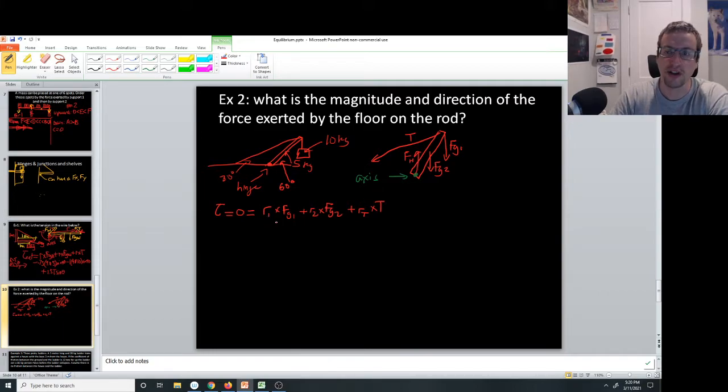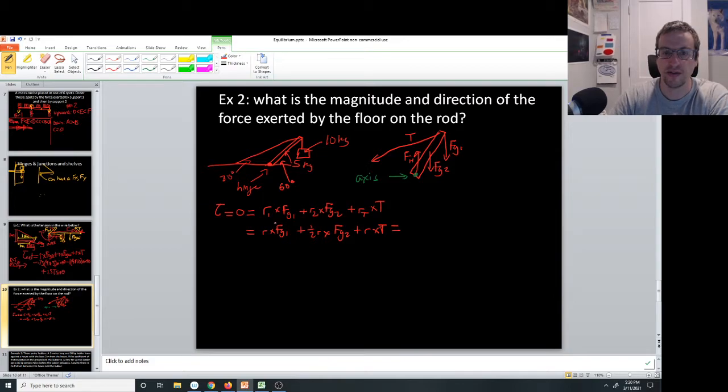So first off, what are these R's? I actually did not give you the length of the beam. That's okay, because I know what they are relative to one another. These two are both the same, and this is half of it. So I can say this is basically R cross FG1, this one half R cross FG2 plus R cross T. All right, so what is that going to come out to be?